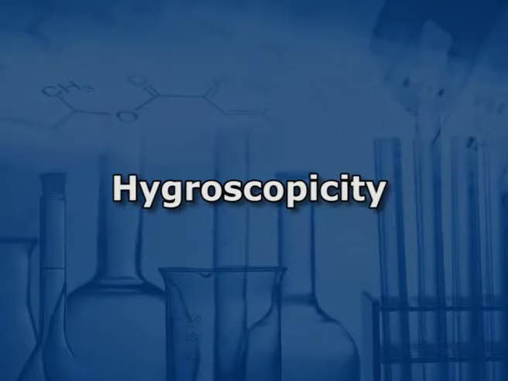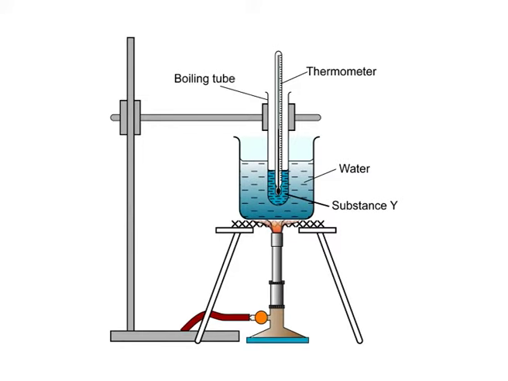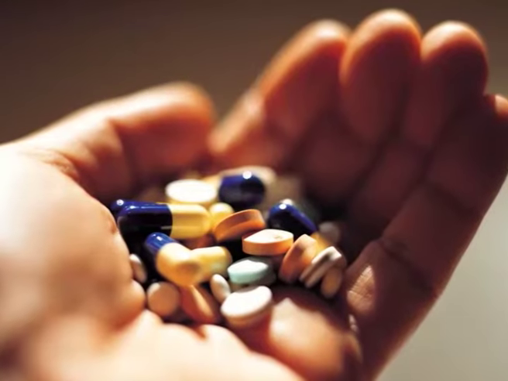Another parameter is hygroscopicity. It is the phenomenon of moisture absorption by compounds under specific conditions of moisture and humidity. Drug substances' physical and chemical properties can be badly affected by a high degree of hygroscopicity, making it pharmaceutically difficult or inadequate to work with.